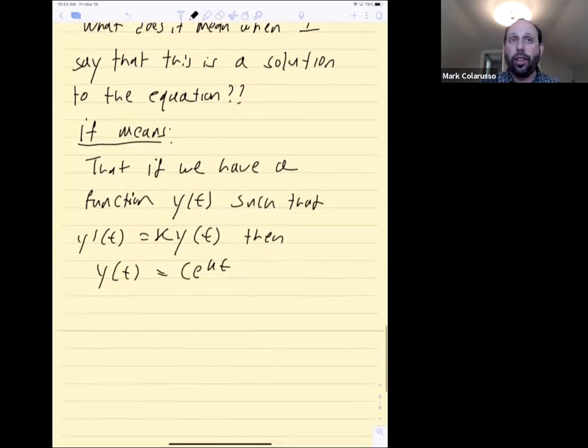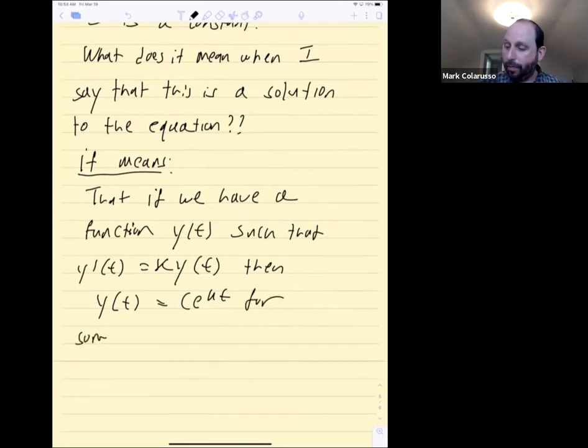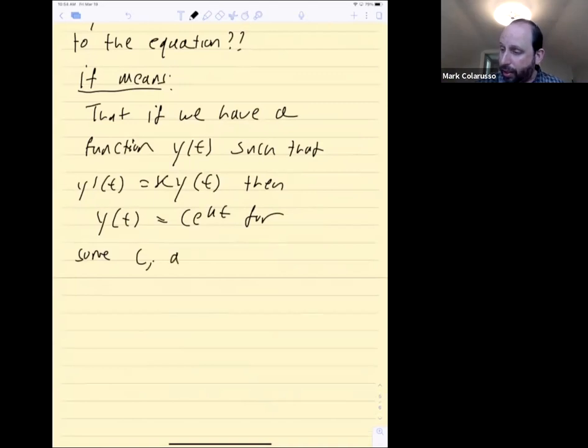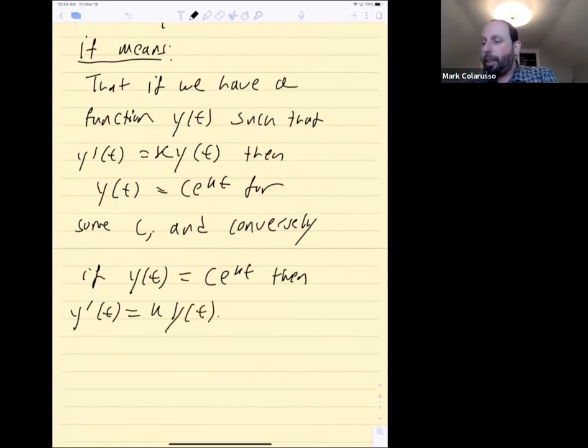So if you have a function whose derivative is k times the function itself, then y of t must be equal to c times e to the kt for some c. And conversely, if y of t is equal to c e to the kt, then y prime of t equals k times y of t. So that's what it means to be a solution to this equation.